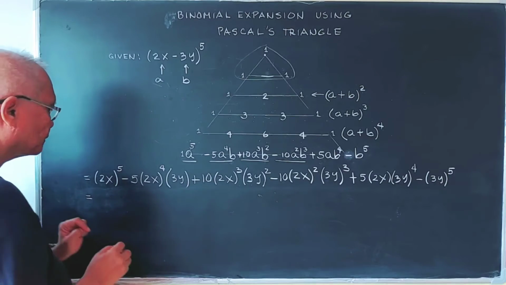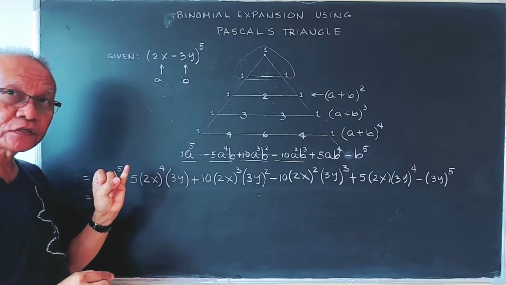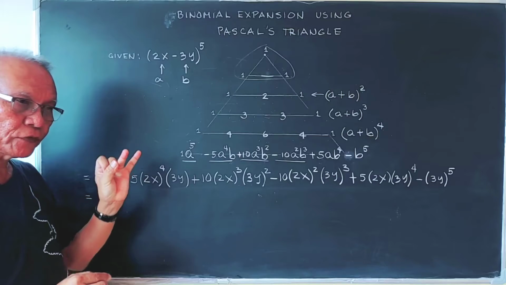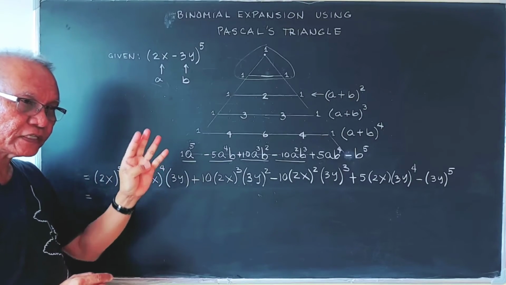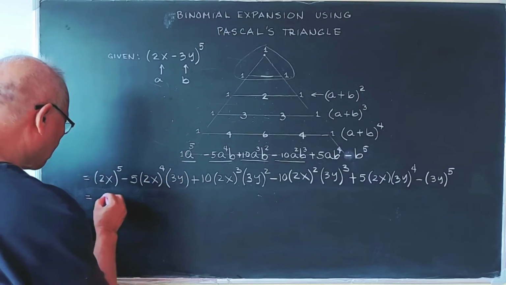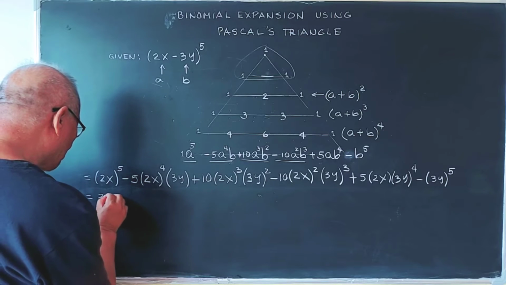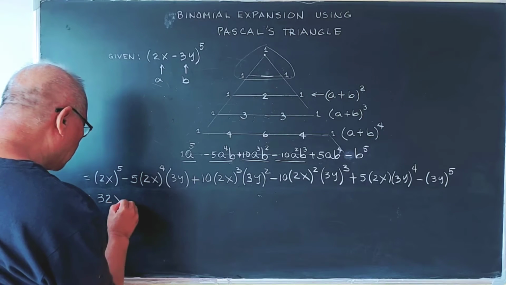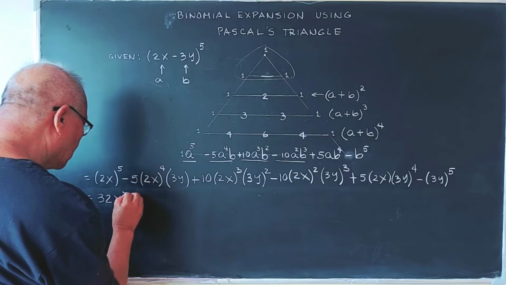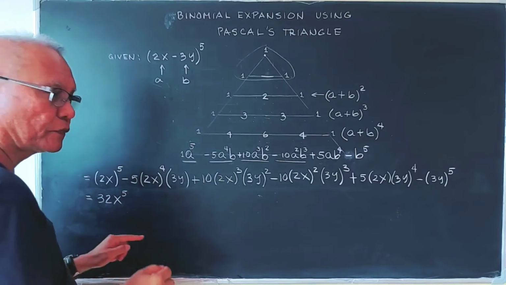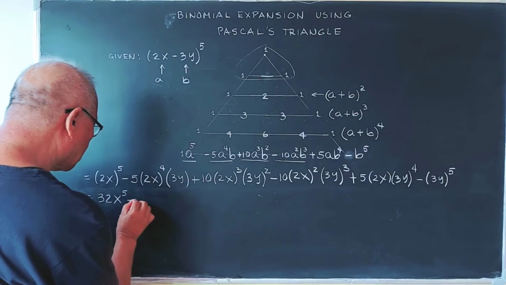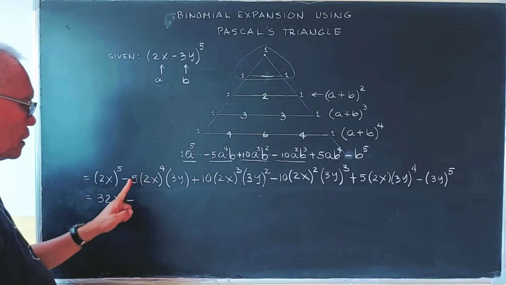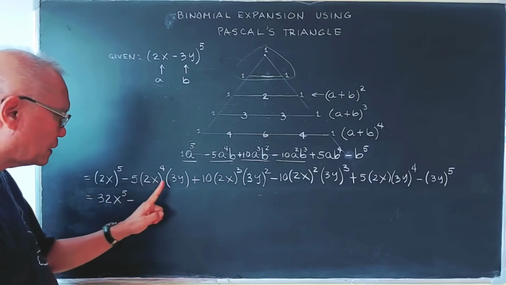So we have here 2 to the 5th. 2 times 2, 4 times 2, 8 times 2, 16 times 2, 32. So this one is 32 x to the 5th, minus, here you can multiply 5 and 3y.